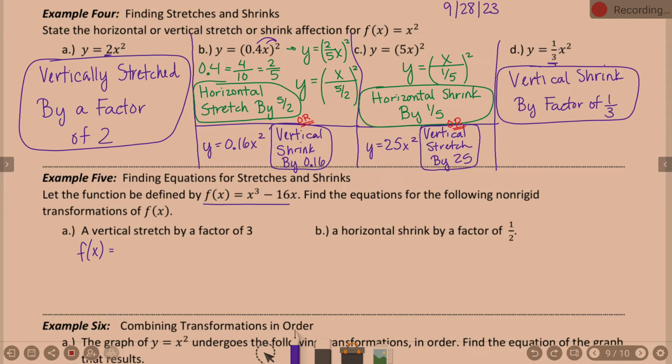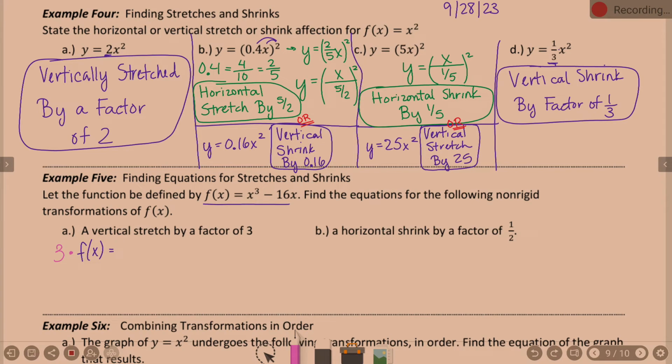How do we do a vertical stretch by a factor of 3? Okay, or in other words, we're going to multiply by 3, yes? The short of it is, in order to do a vertical stretch, you're going to multiply by 3. Like if you go back and look at the chart on the front, you'd be doing 3 times f of x, right? It says c times f of x.